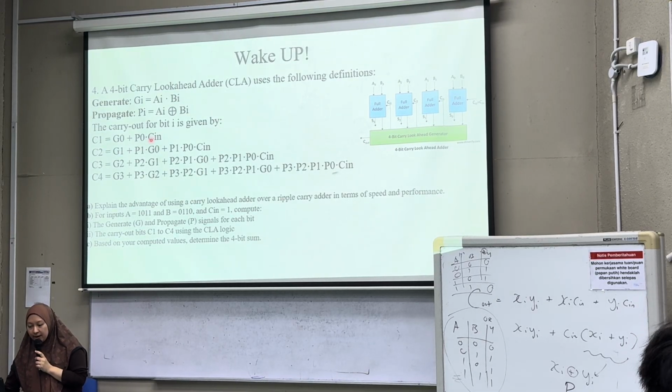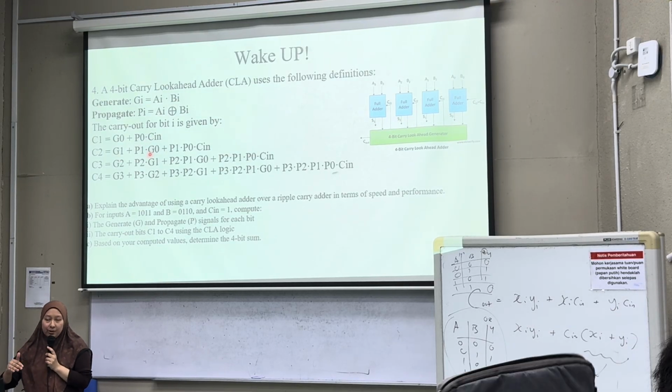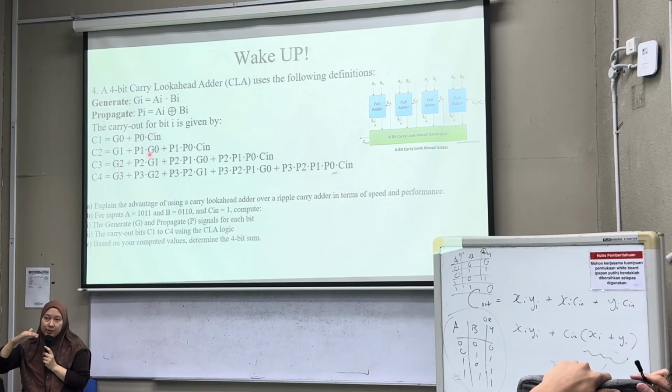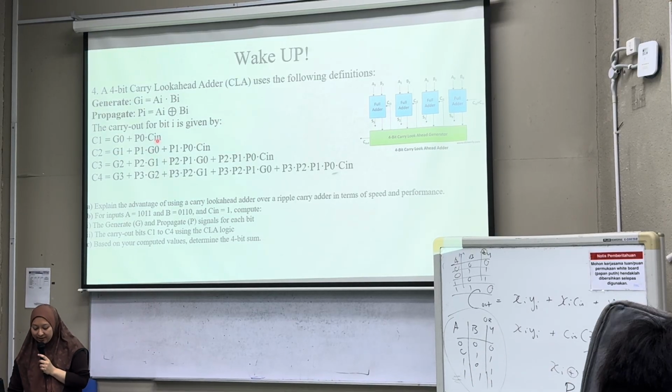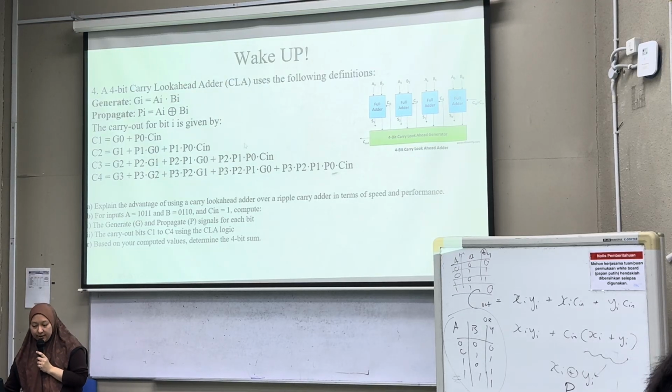So how do I get this? If you remember last week, we showed you how to get from one line to the other. Go back to the lecture slide of last week under CLA. I even gave you an example of the CLA in last week's lecture.